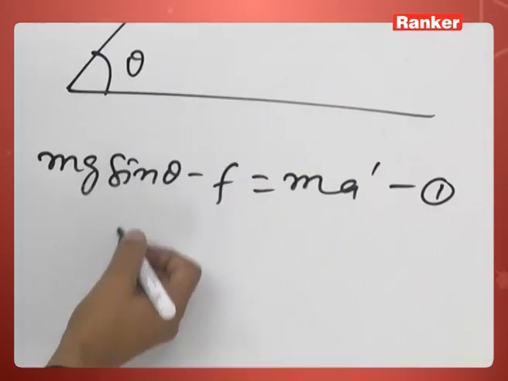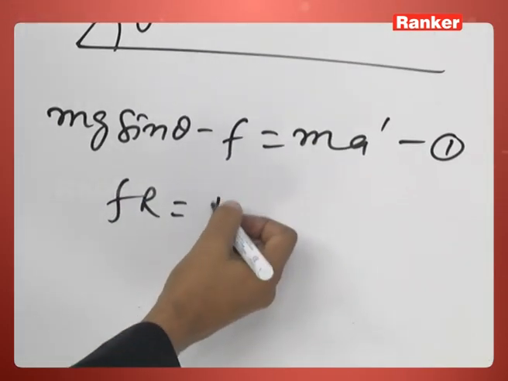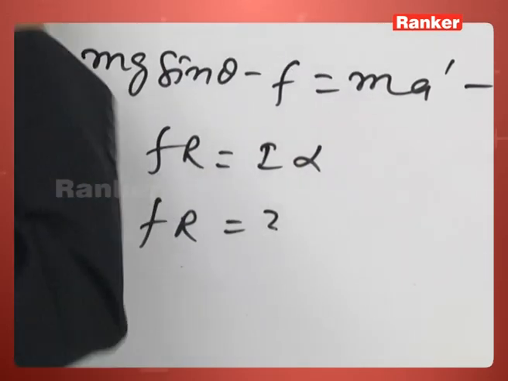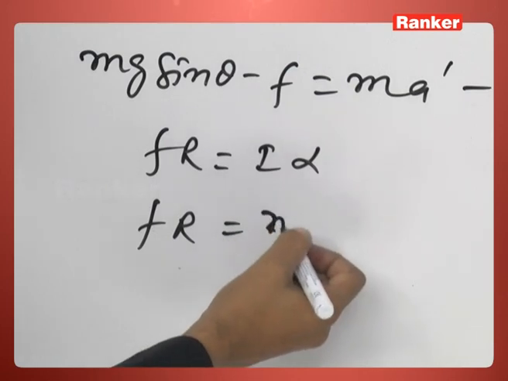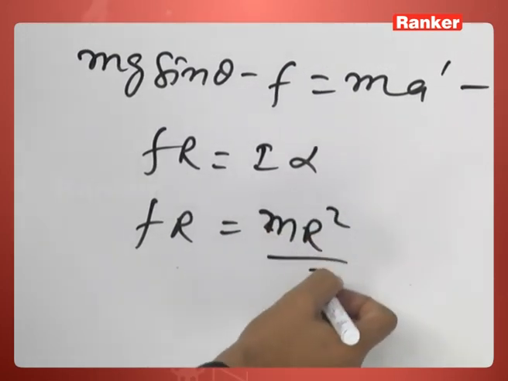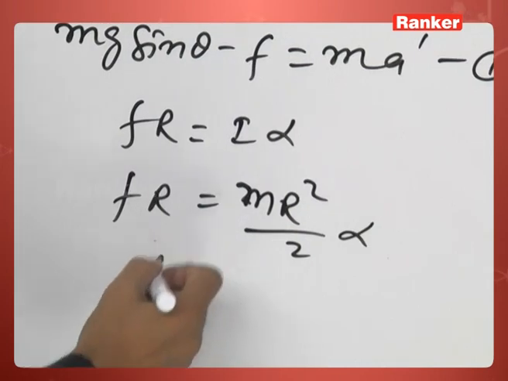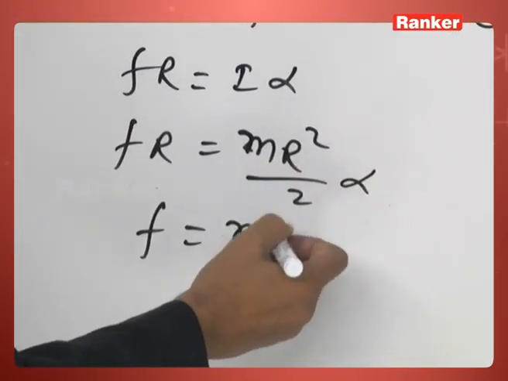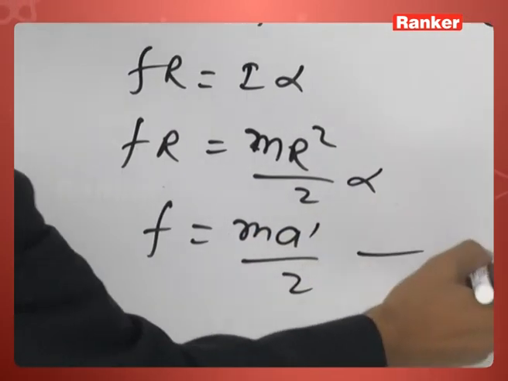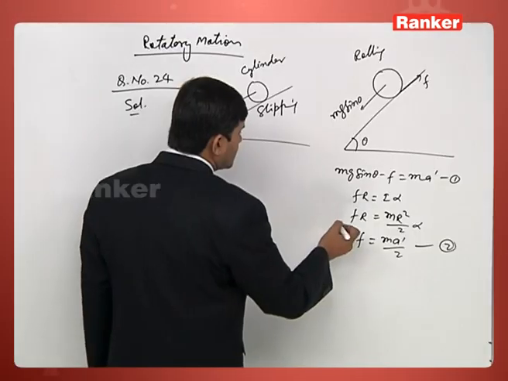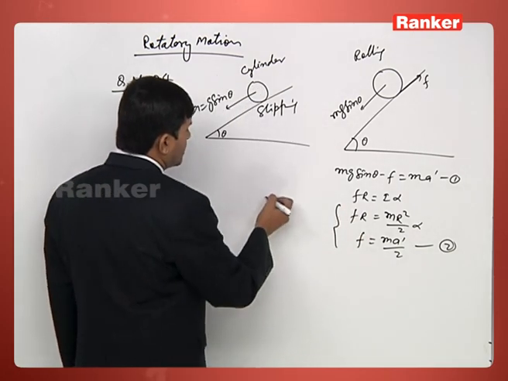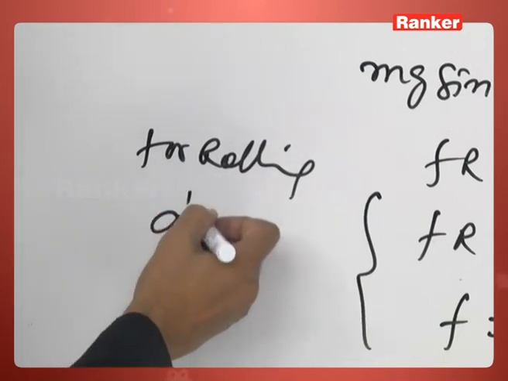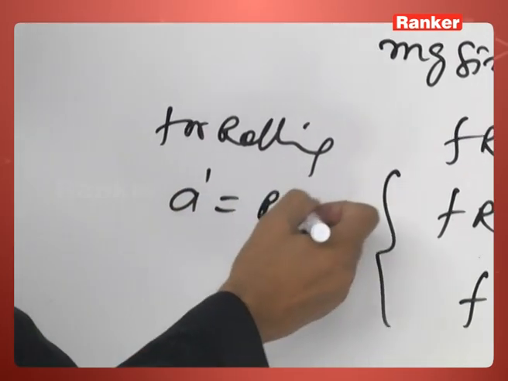Second, for torque, F r equals I alpha. Since this is a disc cylinder, the moment of inertia is mr square by 2, into alpha. F is m r alpha, a tangential. As this is rolling, a dash is equal to r alpha.